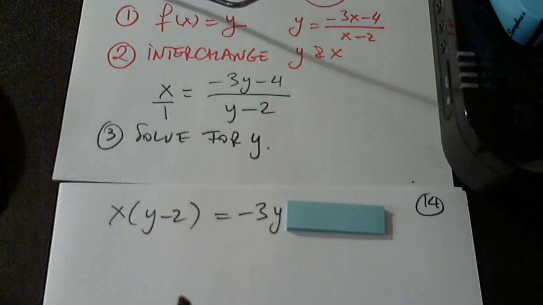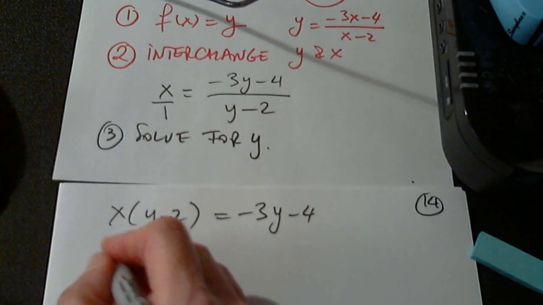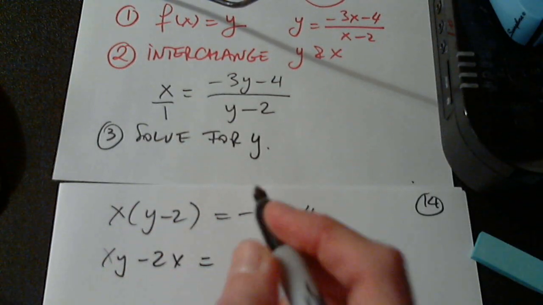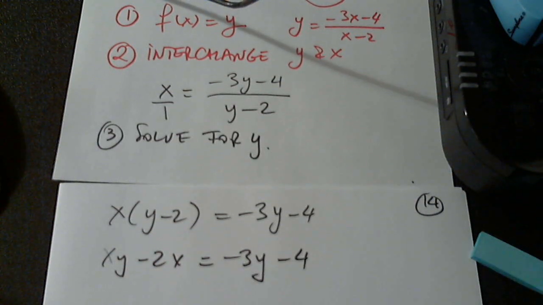Can anyone save us? Divide by negative 3? Can anyone save us? Distribute. Thank you. So we have xy - 2x equals -3y - 4.